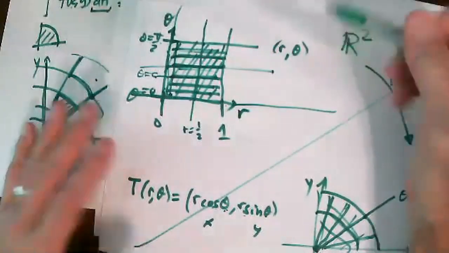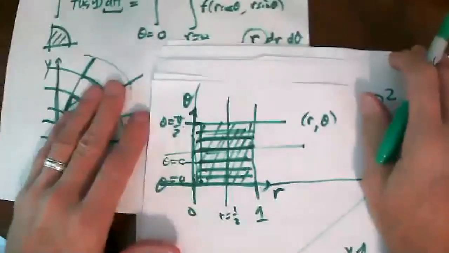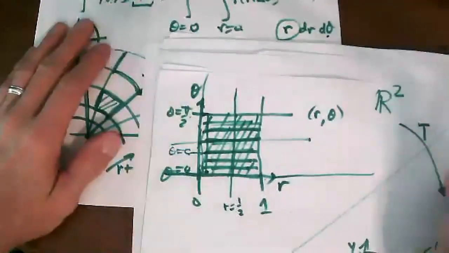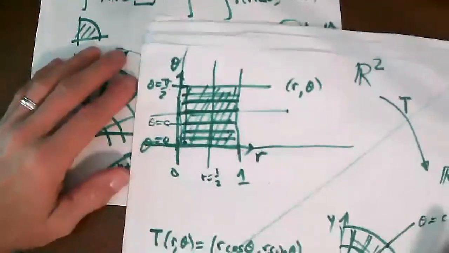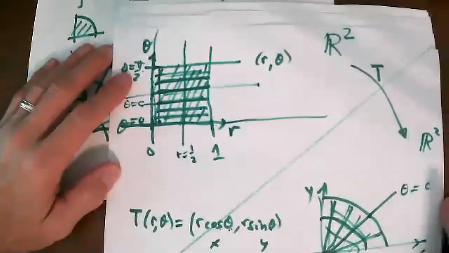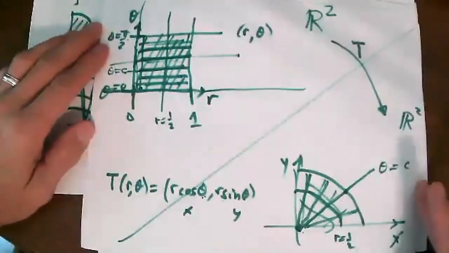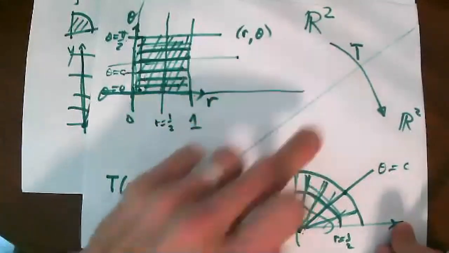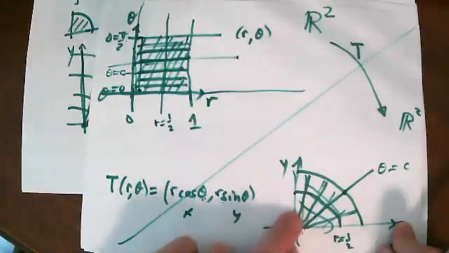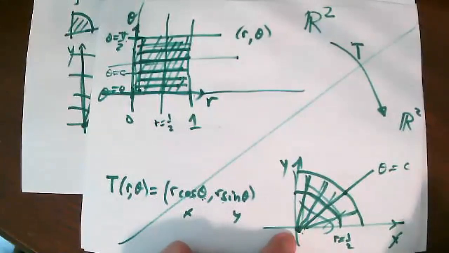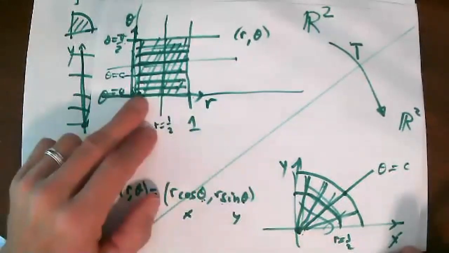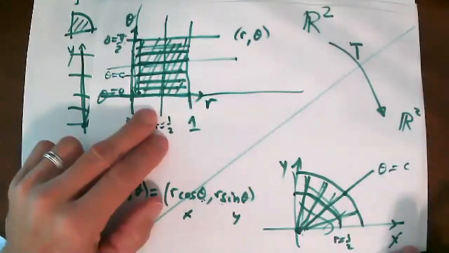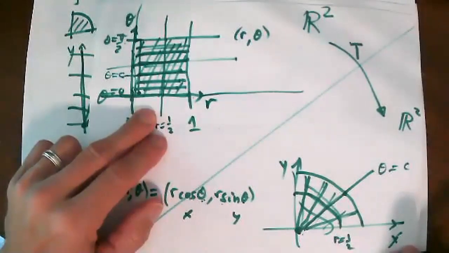So this is the way we're going to be using this in these integration problems. Effectively, what you are doing when you say you're going to change coordinates is that you are introducing a new transformation that redescribes the region that you're integrating over in terms of a region in a different copy of the plane.